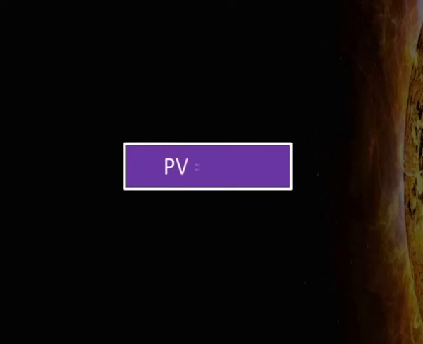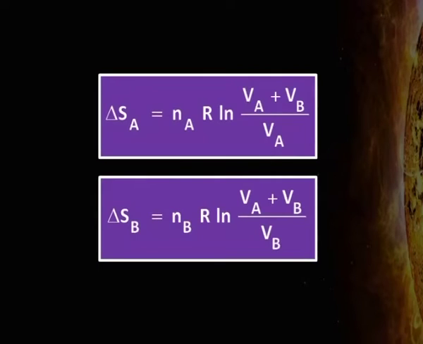Now, you can recall that for ideal gases, PV is equal to nRT. We can say that volume is directly proportional to number of moles. Therefore, Va upon Va plus Vb can be replaced by Na upon Na plus Nb, and Vb upon Va plus Vb can be replaced by Nb upon Na plus Nb.